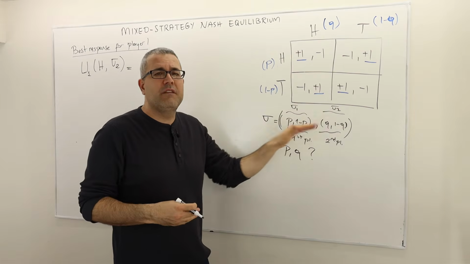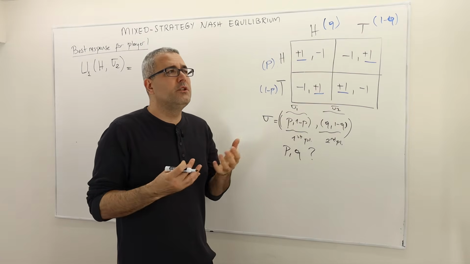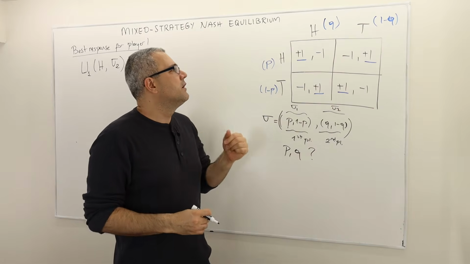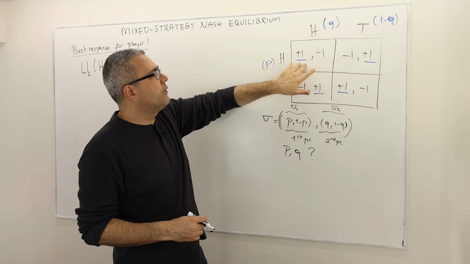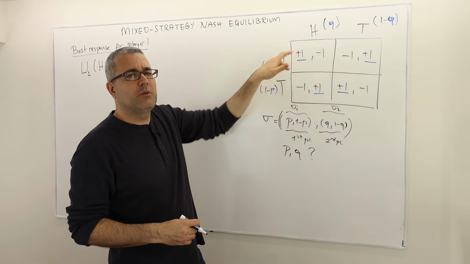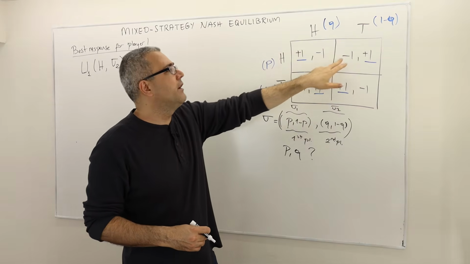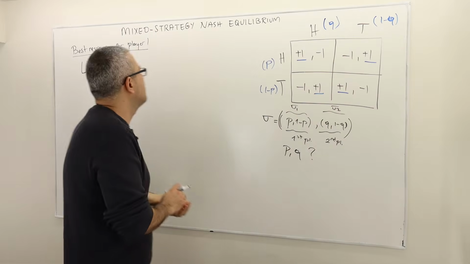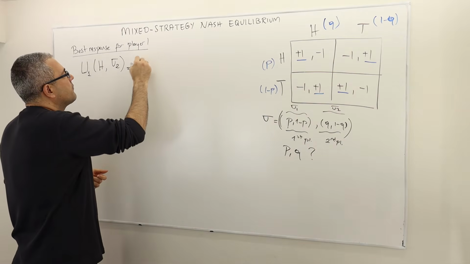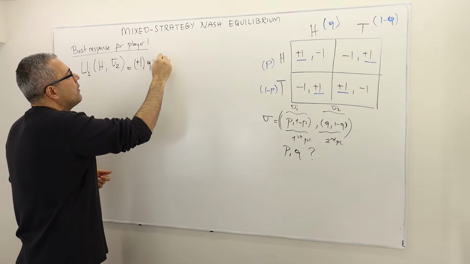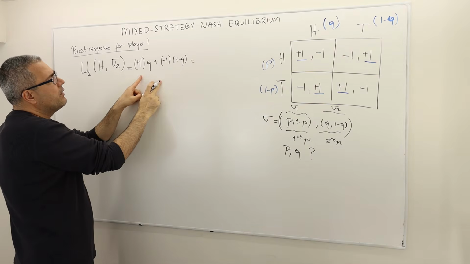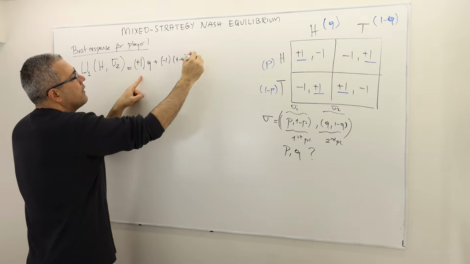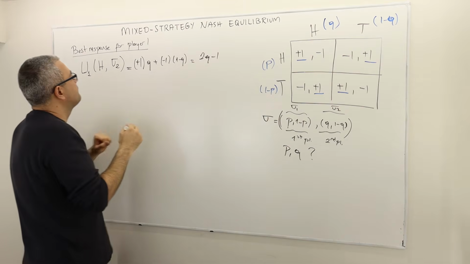What belief is going to constitute a Nash equilibrium? Here, player 1 believes that his opponent is going to play head with probability Q, so he's going to get +1 with probability Q and -1 with probability 1 minus Q. So it's +1 times Q minus 1 times 1 minus Q. If you sum them up, you get 2Q minus 1.